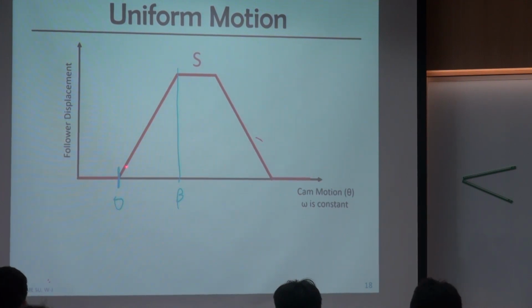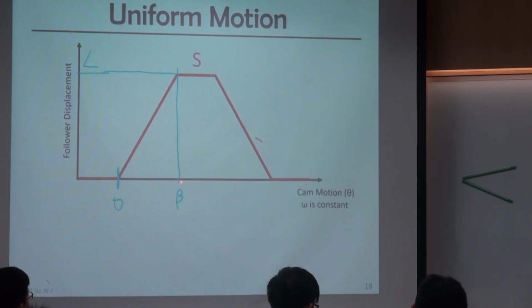If I set this one as theta equals 0, then I can write the equation for this straight line in this way. And you will reach L when theta equals beta.